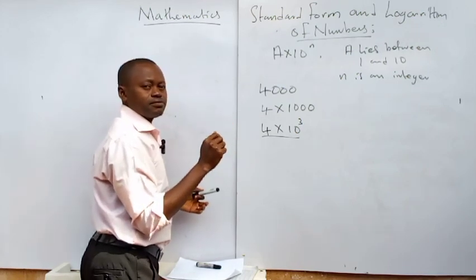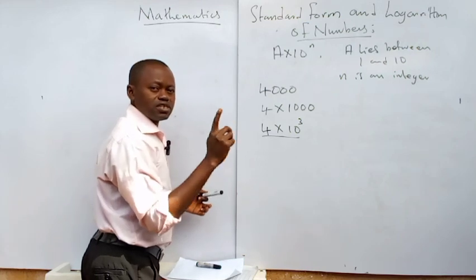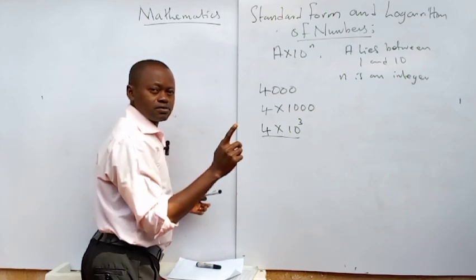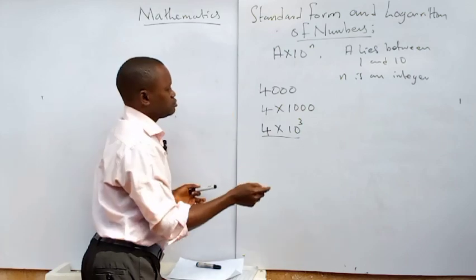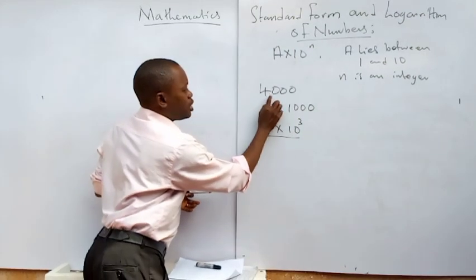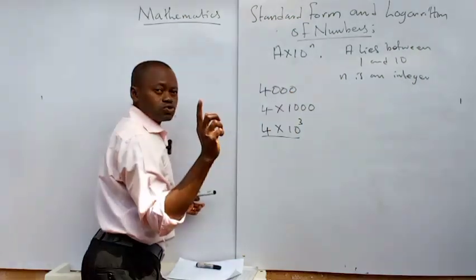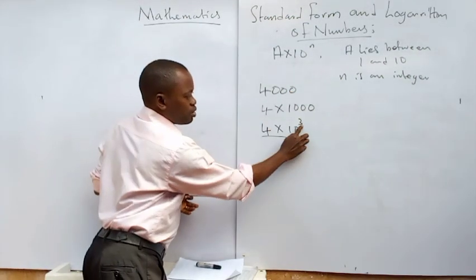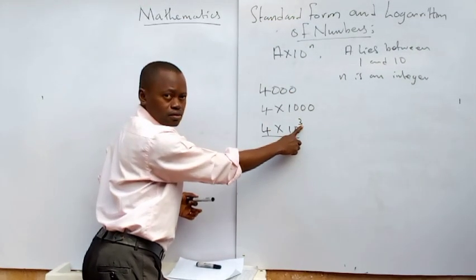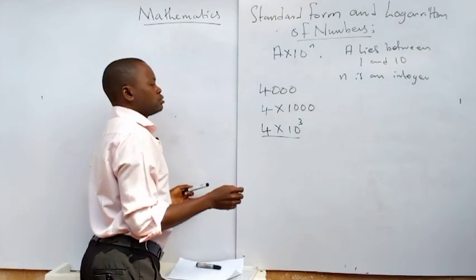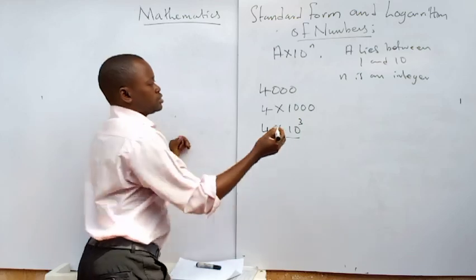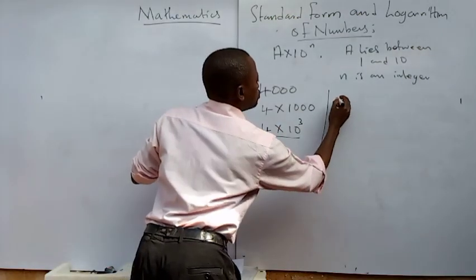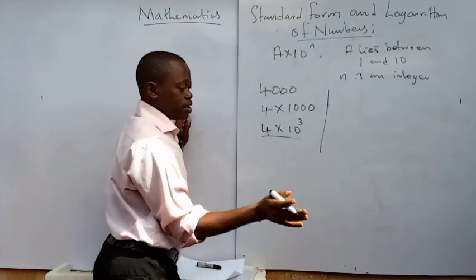The number of digits here is 1, 2, 3, 4, minus 1, making it 3. That will give you the power of 10.